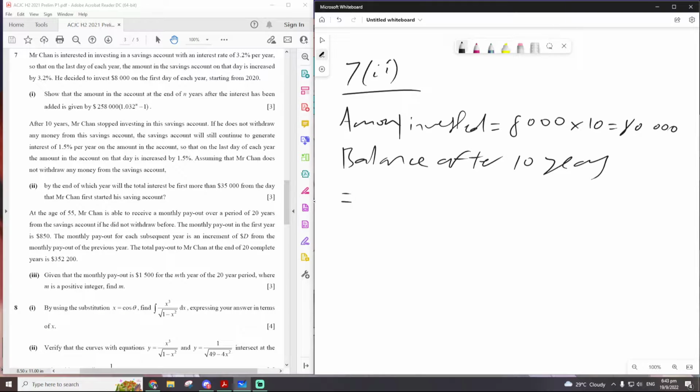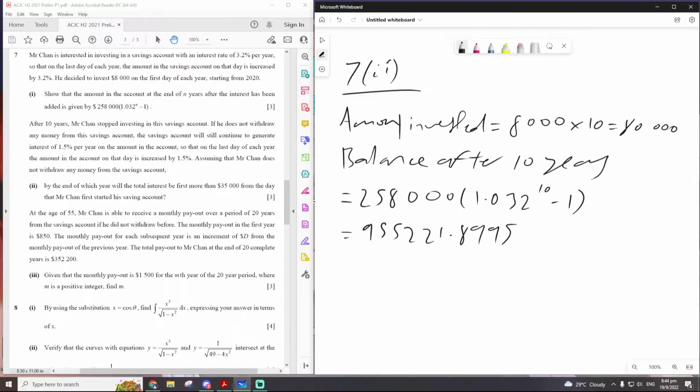Okay, so this is 258,000 times (1.032 power 10 minus 1), which is 955,221.8995.